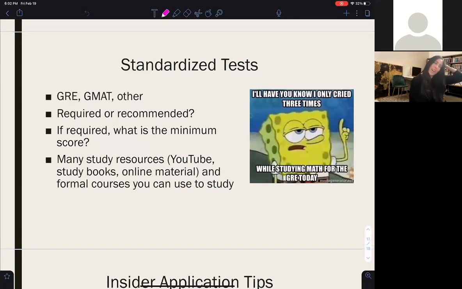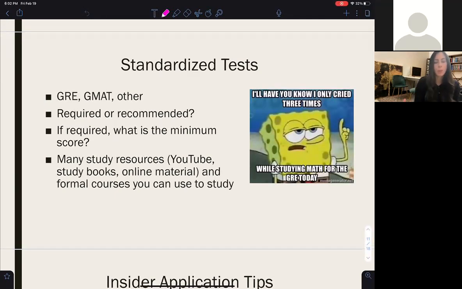Standardized tests, this is everybody's least favorite thing to hear about, but standardized tests are required for certain programs. So you might want to check each program and make sure you're meeting the requirement in terms of standardized tests. My advice with this, like everything else, is start early. You might want to take these multiple times, and that's totally fine.